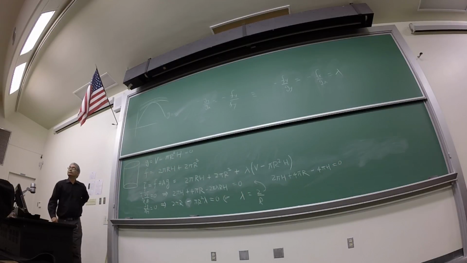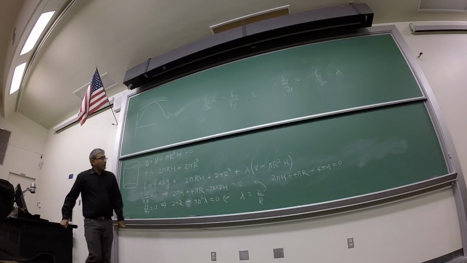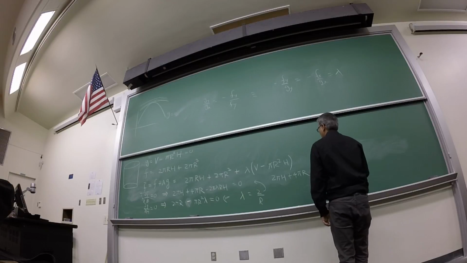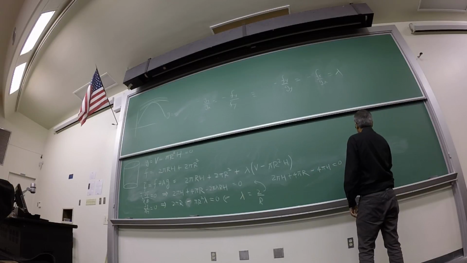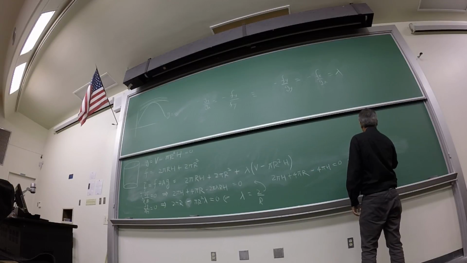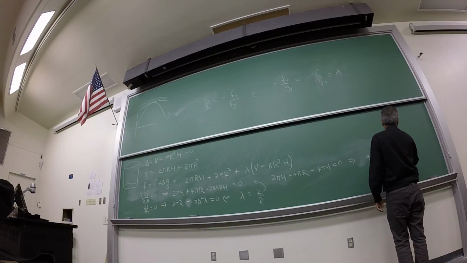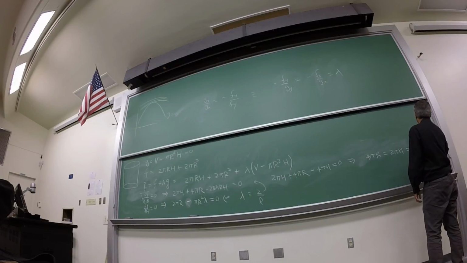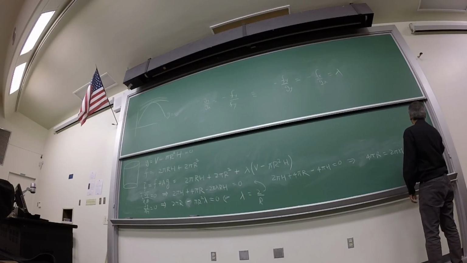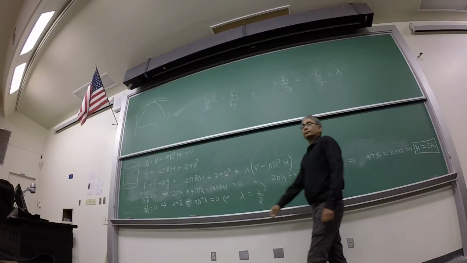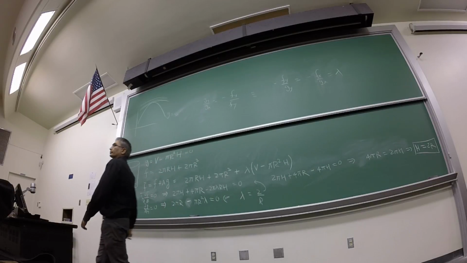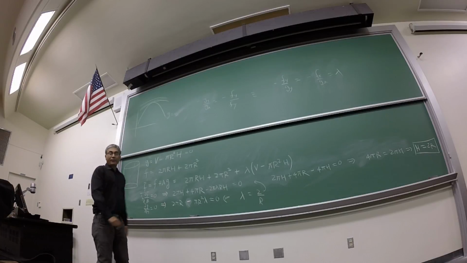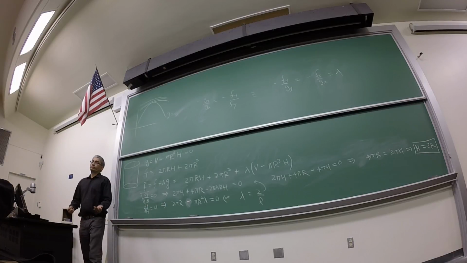Okay, and therefore you can see you get 4 pi r equals to 2 pi h. Therefore, h equals to 2r. Okay? That gives us a relationship that height equals to the diameter.